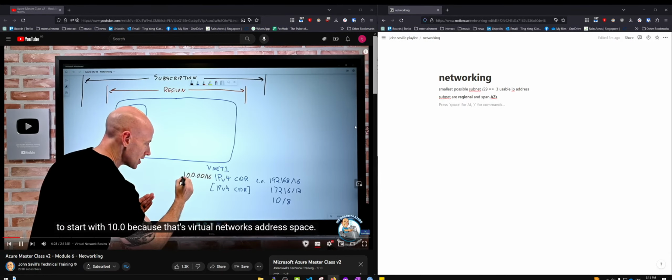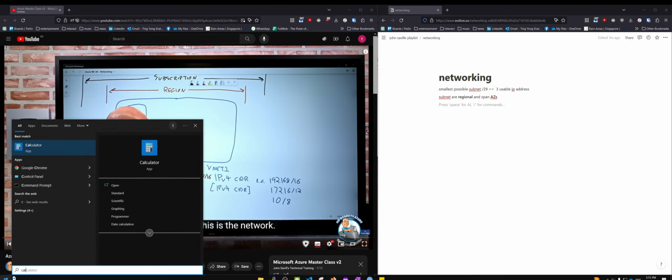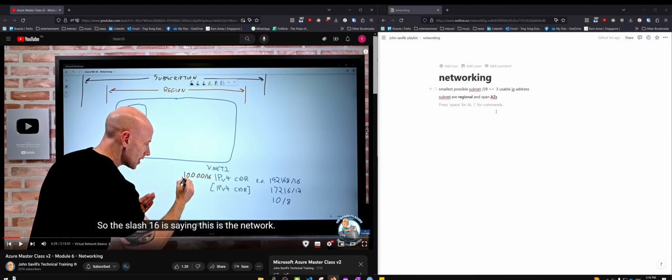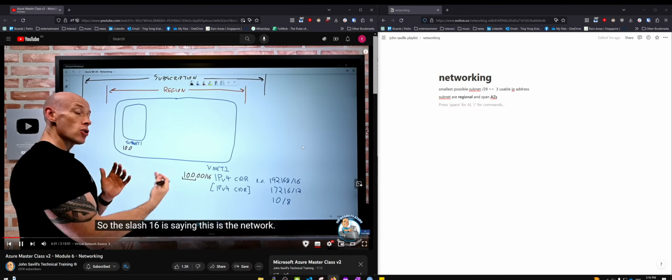So the /16 is saying this is the network, then I'll use a portion of that.